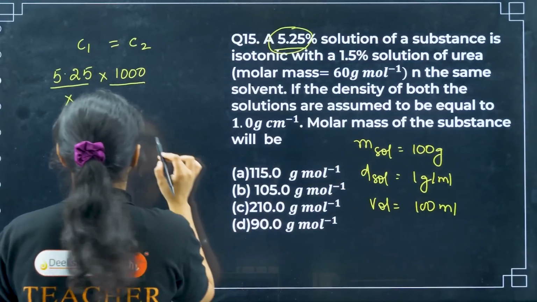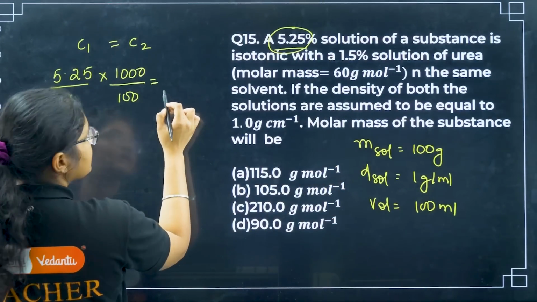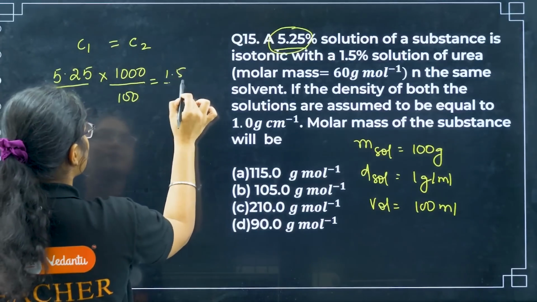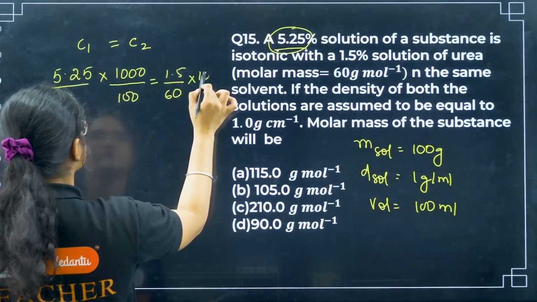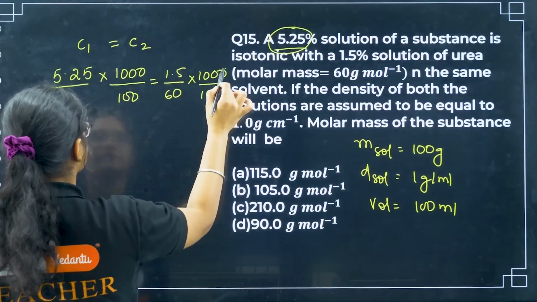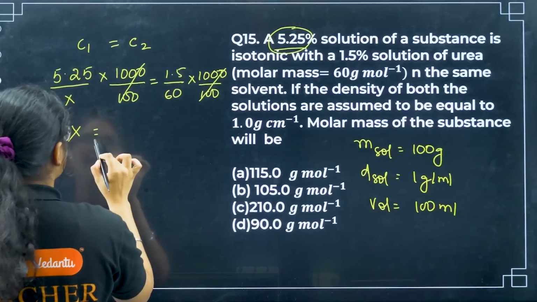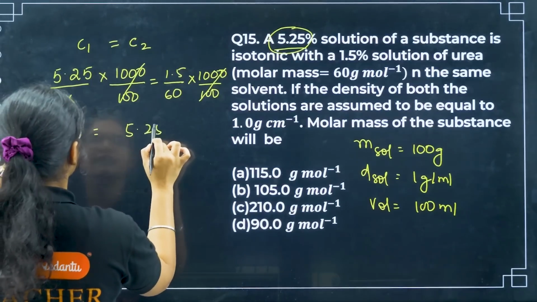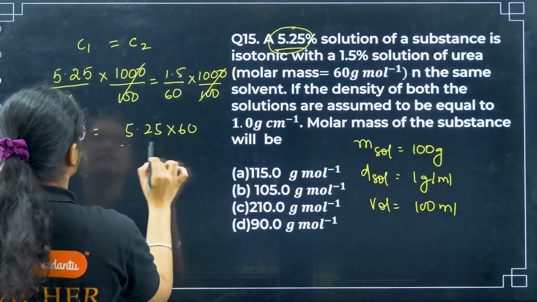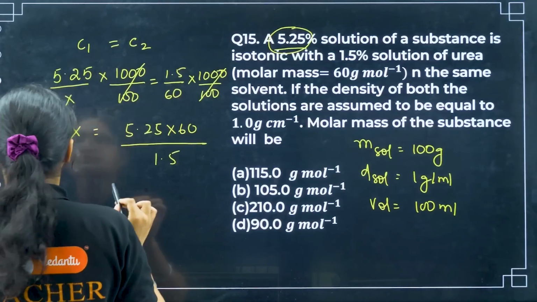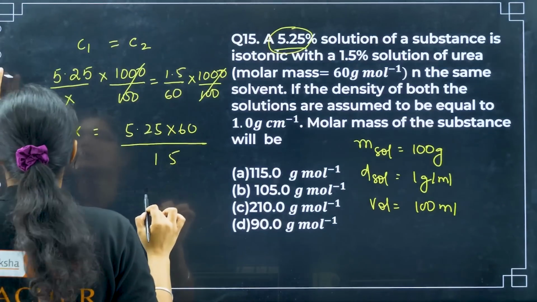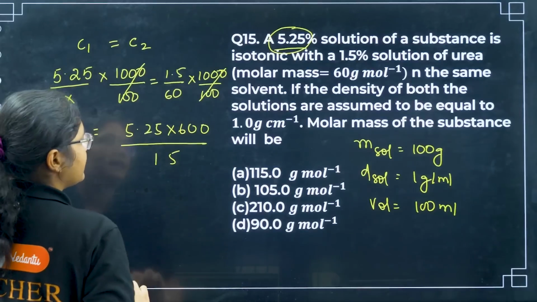So for both the cases the volume is 100. Similarly here what I can do, 1.5 by 60 into 1000 by 100. Okay, so this I will cancel. What is the value of x here? 5.25 into 60 divided by 1.5. So I can write this like this. I have removed the decimal and added a 0 here.